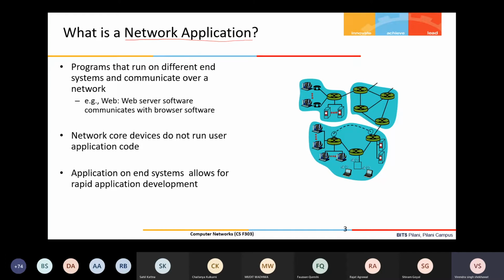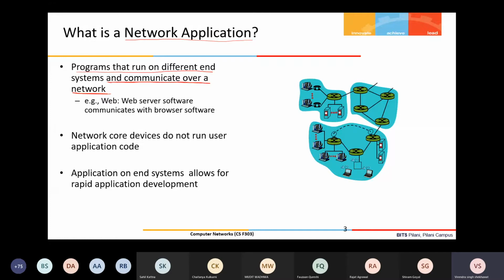A network application is also a program that runs on different end systems and communicates over the network. This is very important: it communicates over the network. This is how a network application is different from an ordinary application which runs on a single system.